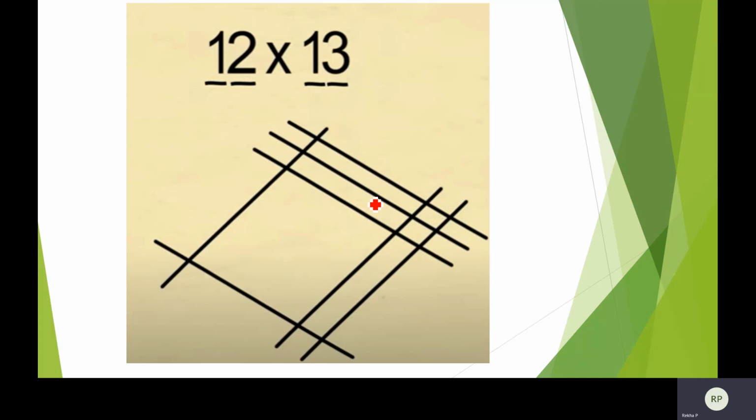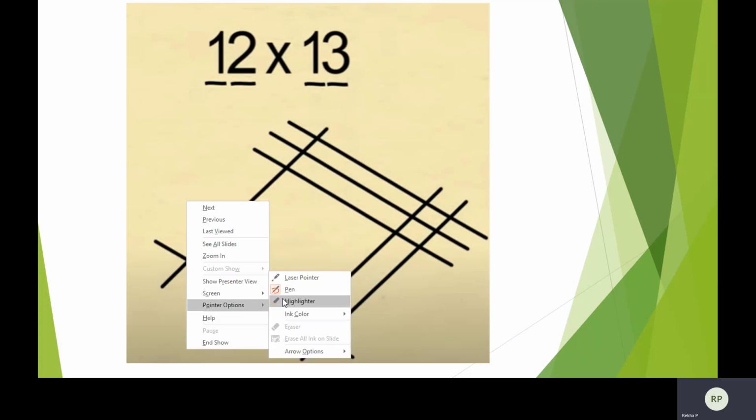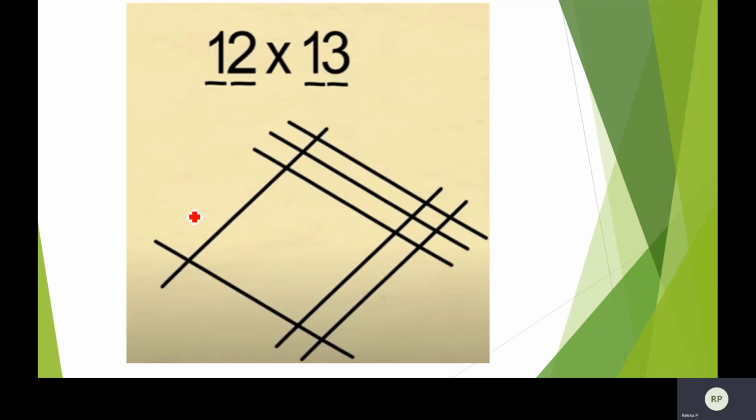Then you have to count the intersections. For that, you have to mark the diagonals and group them like this. This is one group, this is another group, this is another group, and this is another group, in a diagonal manner.